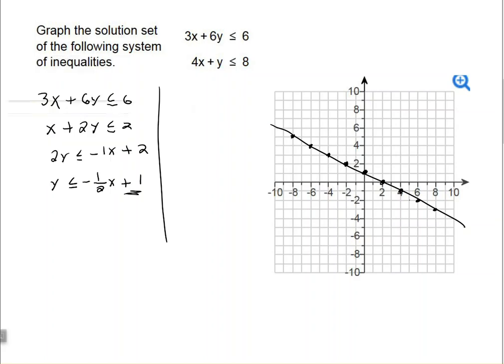Now let's graph the second inequality. All right, so subtract 4x from both sides.